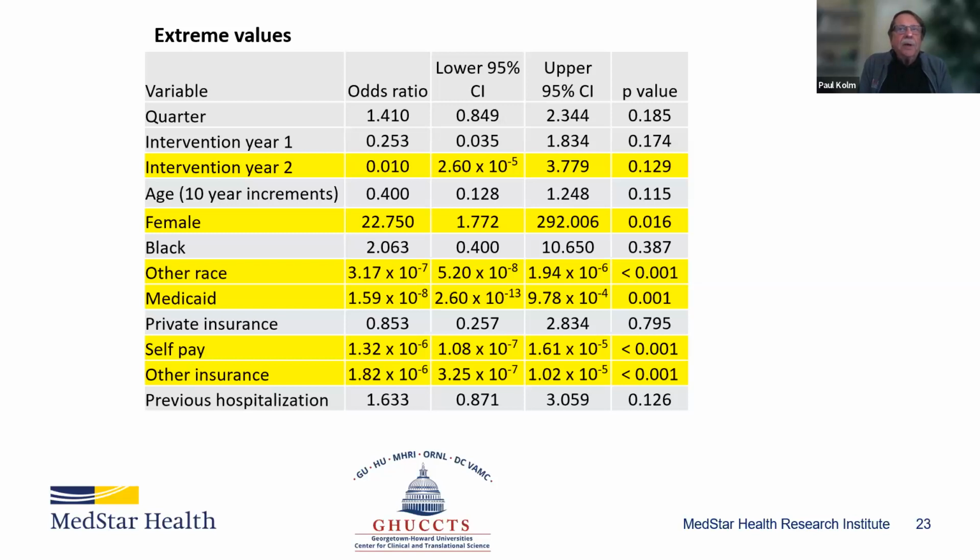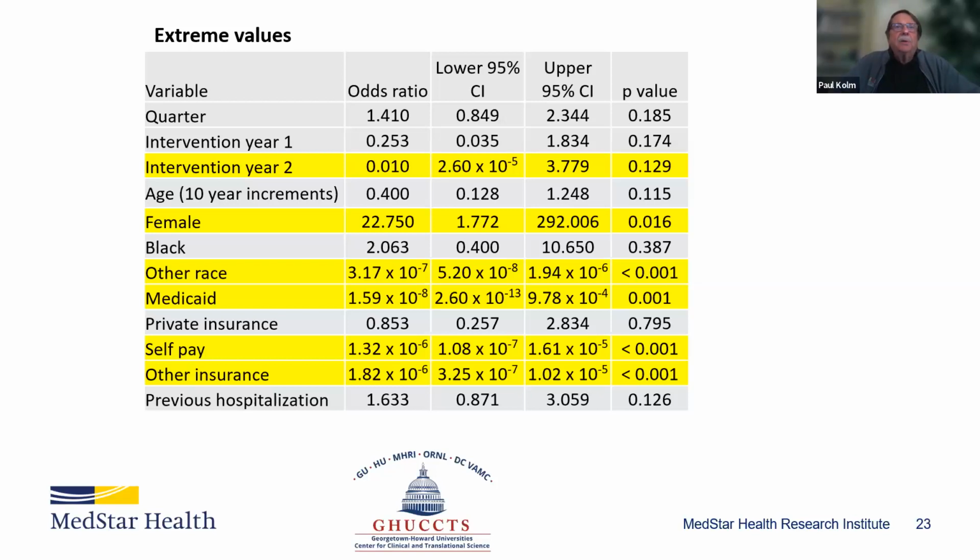So this, even though statistically that's significant, tells you that there's some issue going on there, probably that there are very few patients with Medicaid or self-pay or other, so maybe we would have been better just grouping private insurance with anything else. The other one, though, is for females.